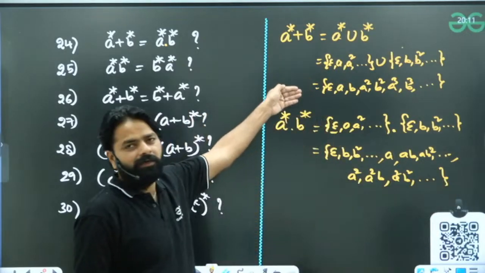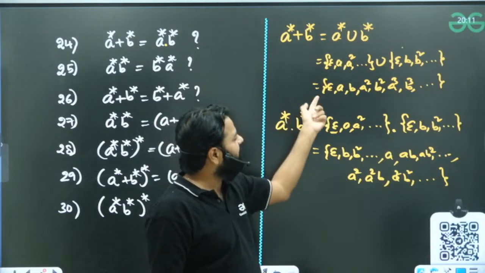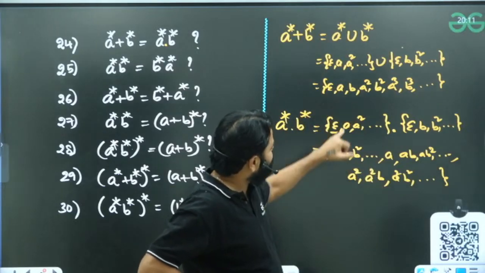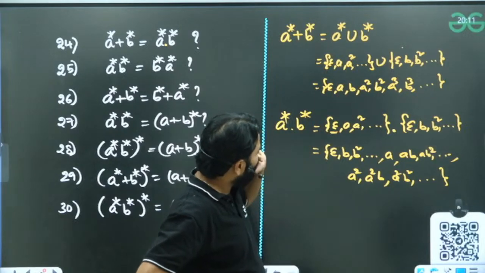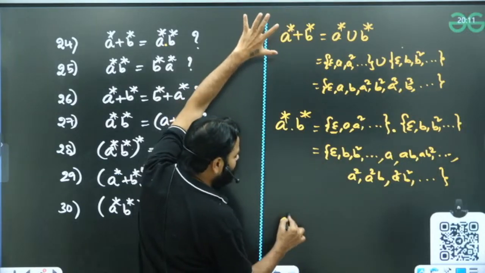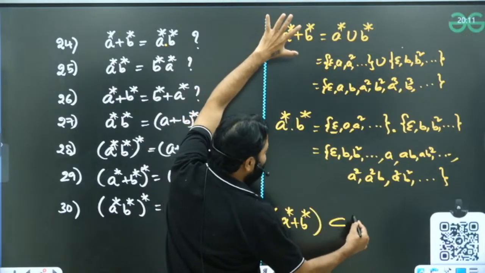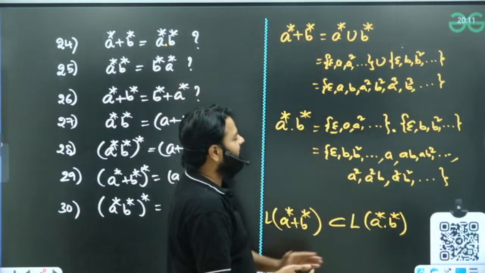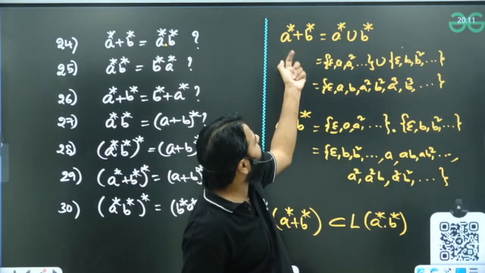Are they equivalent? No, they are not equal, correct? These two expressions are not equivalent. The reason is the strings here: epsilon is there in both of them, A is there in both of them, B is there in both of them, right? A square is also there in both of them. But AB you can't have in A star plus B star, because AB is not possible to write both together, correct?